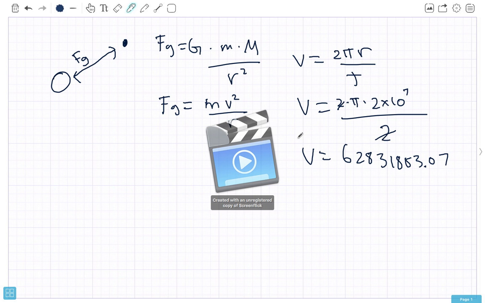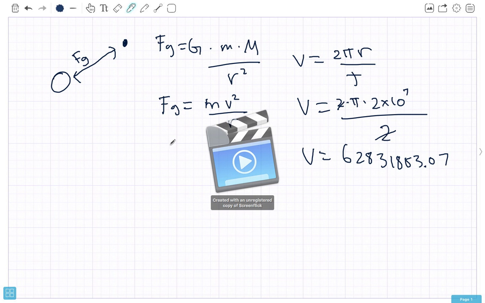Now we're going to square that, multiply times mass, and divide by r. So let's just divide that by r first. So this squared divided by the radius, which if you remember is 2.0 times 10 power 7.